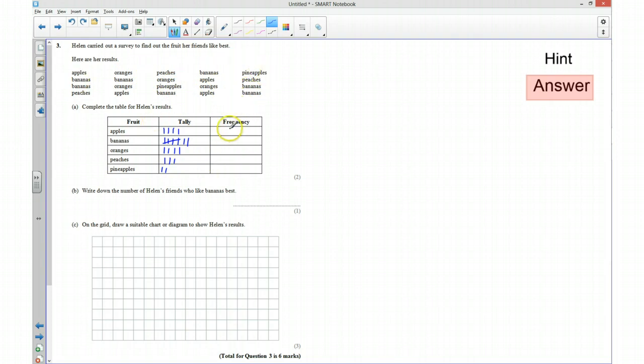Okay, so I'm happy with that. So we've got 4, 7, 4, 3, and 2.